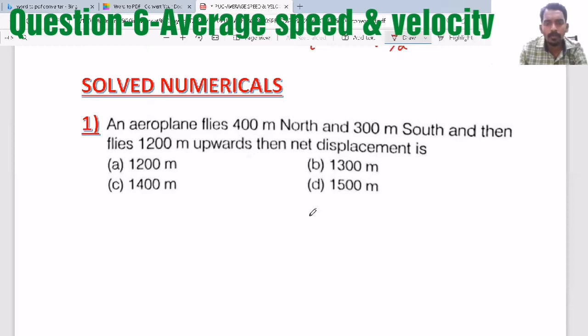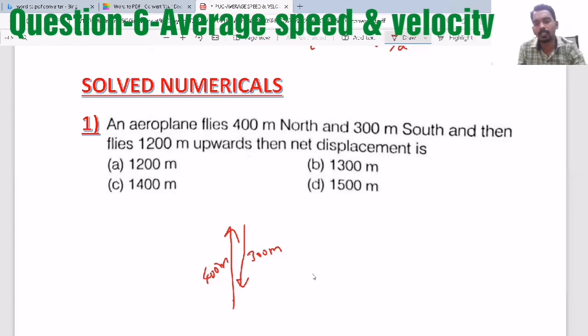Now here an aeroplane flies 400 meter north, and then 300 meter south, then 1200 meters upwards.